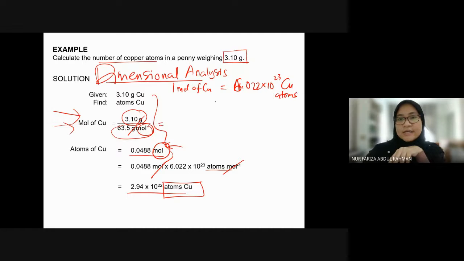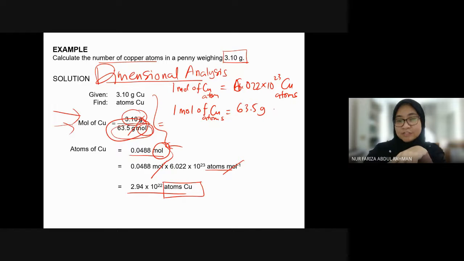This is the relationship that we have so far, and then one more: 1 mole of copper atoms is equal to the molar mass of copper, which in this case is 63.5 gram per mole, 63.5 gram.